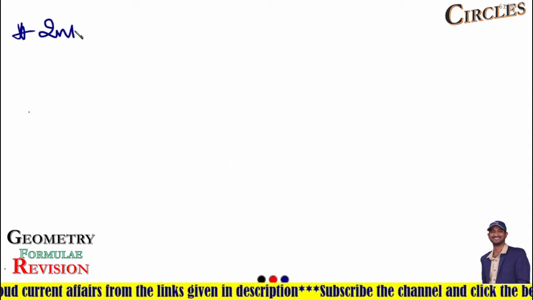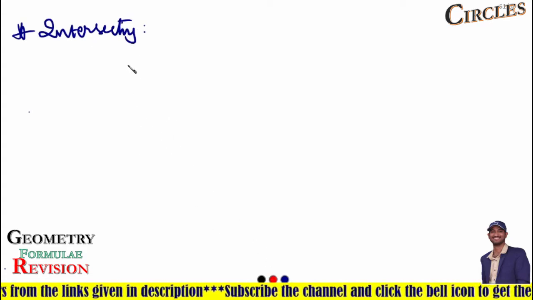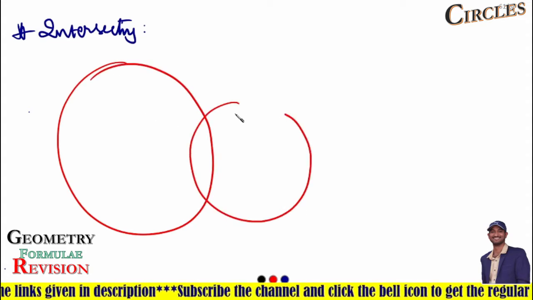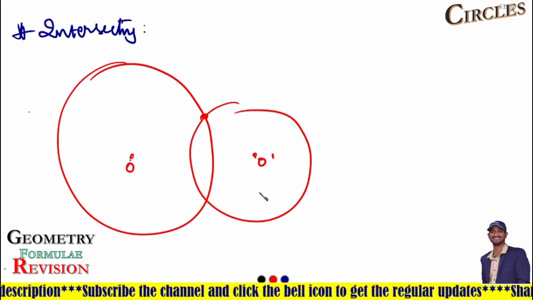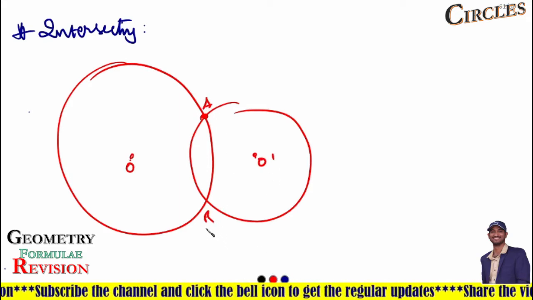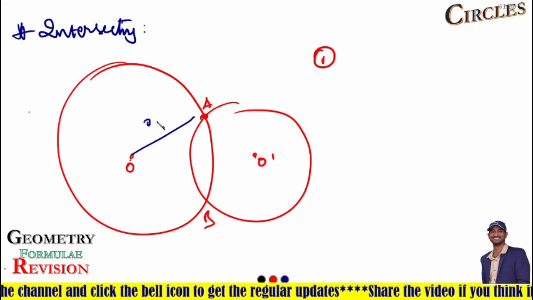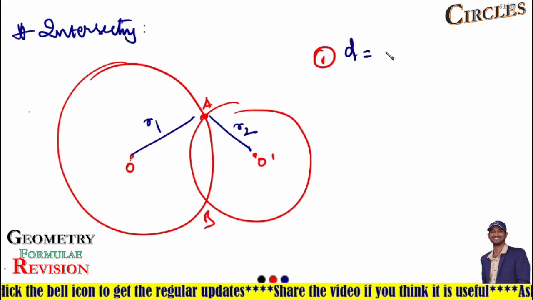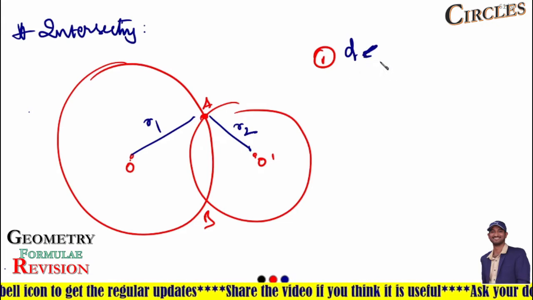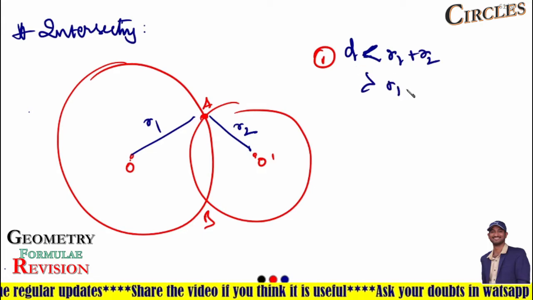Next, the last type, that is intersecting circles. Intersecting circles means circles intersecting at 2 points. Suppose O and O dash are the centers and they intersect at 2 points A and B. First, if the radii of the circles are R1 and R2, then the distance between the centers is always less than R1 plus R2 and more than R1 minus R2.